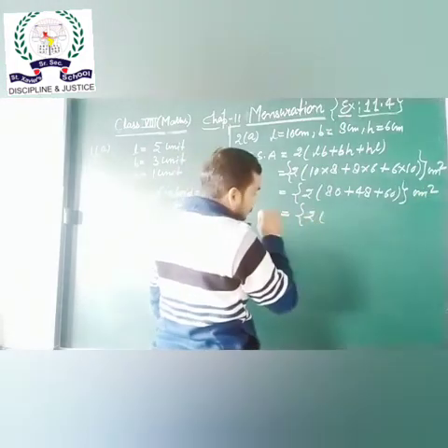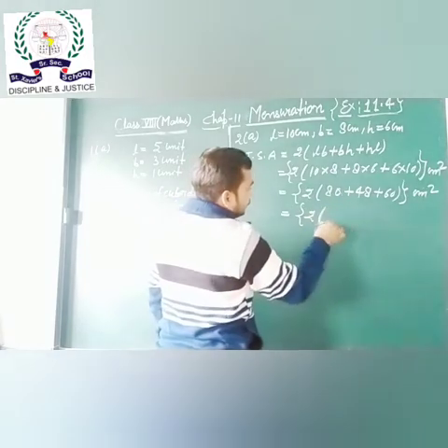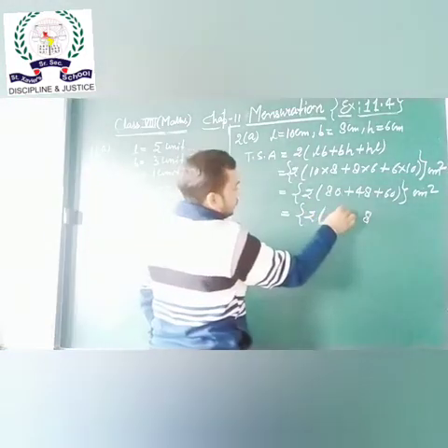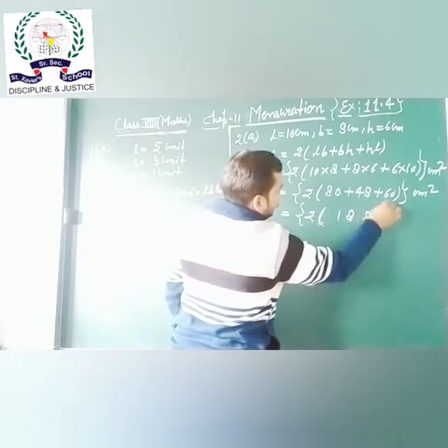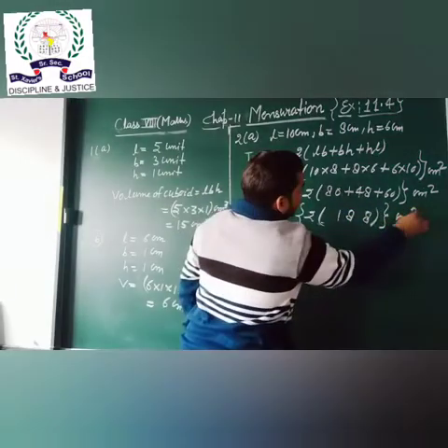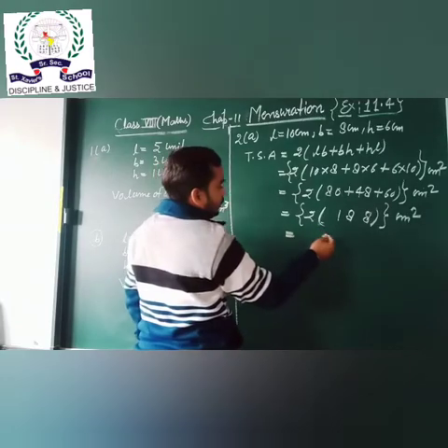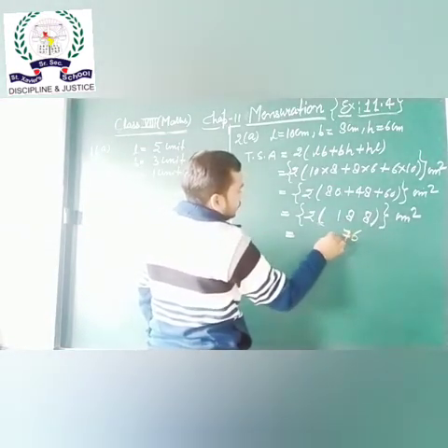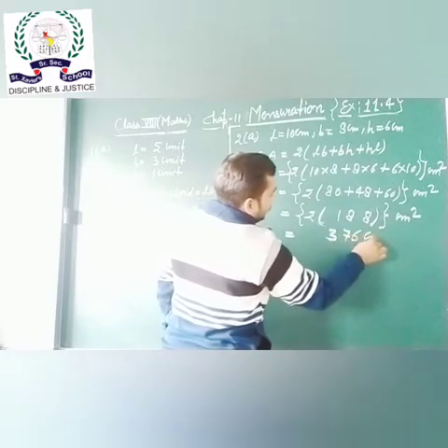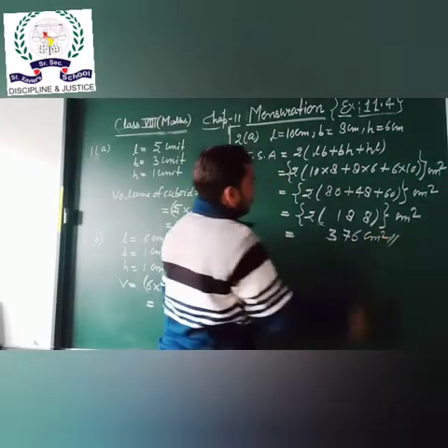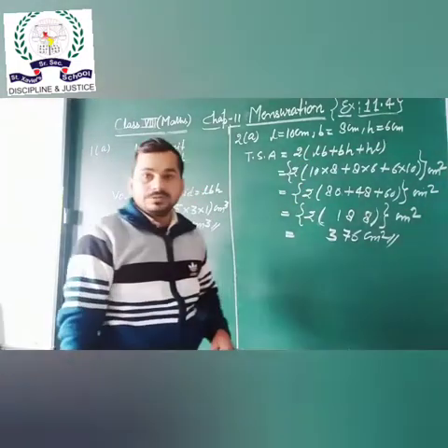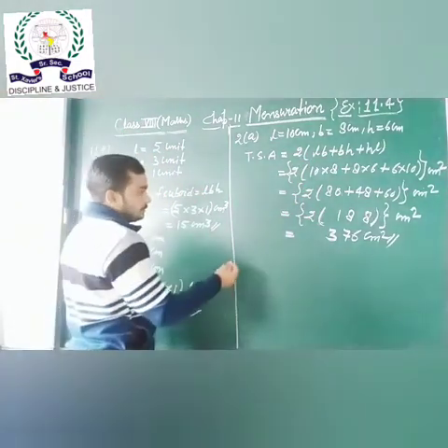Then add: 80 plus 48 is 128, plus 60 is 188. Then multiply 2 into 188, which is 376 centimeter square. So this is the total surface area of this cuboid.